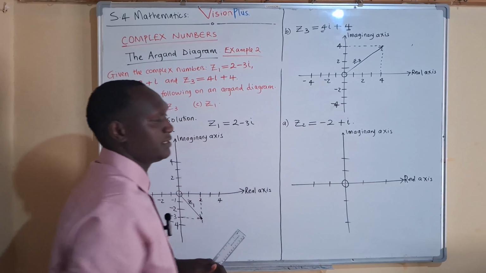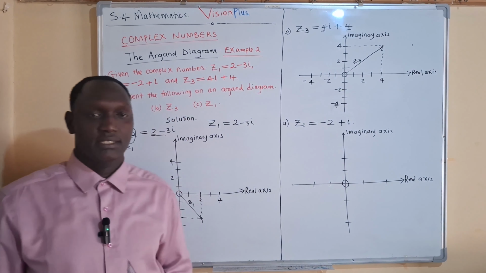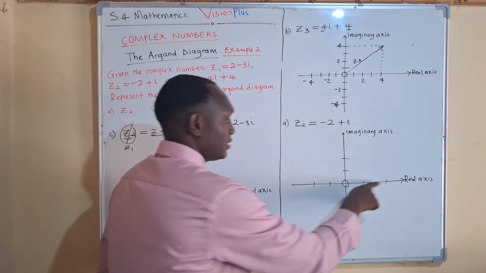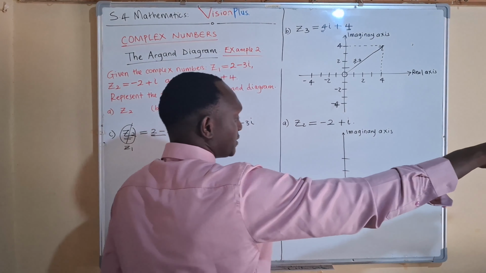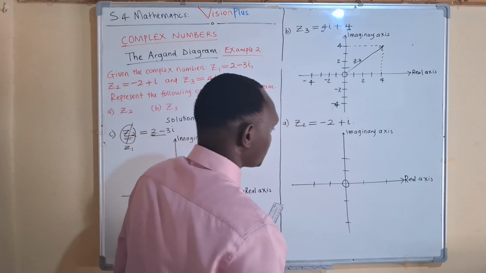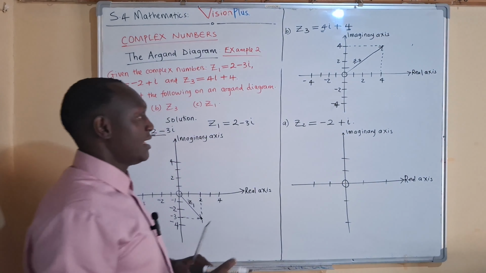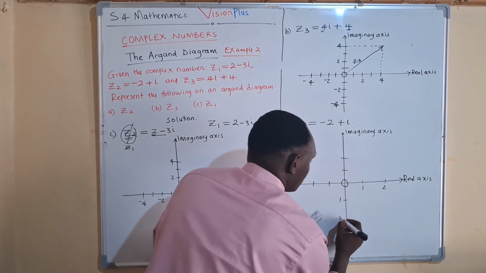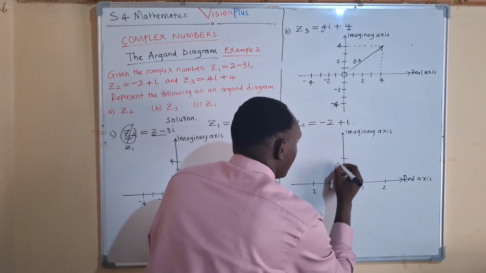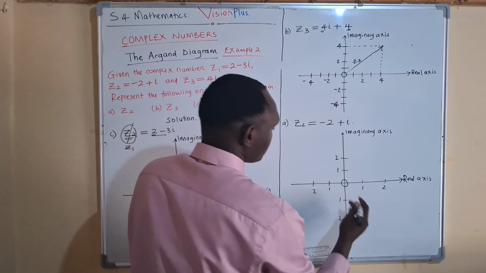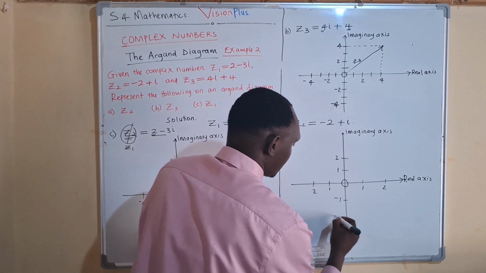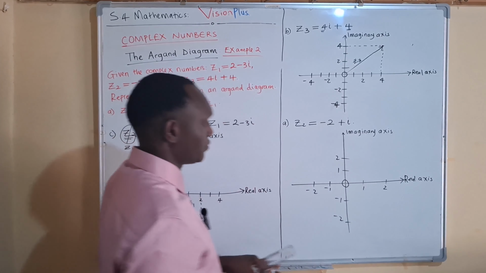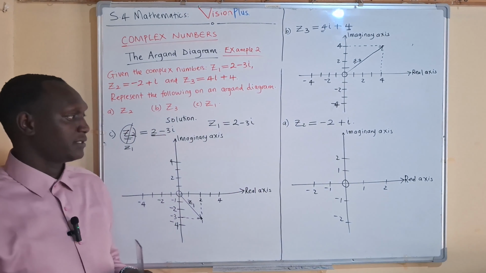After reaching the number you want, leave out the rest because this Cartesian plane or the Argand diagram is infinite. This one goes up to positive infinity. This also goes to positive infinity. So let us label: 1, 2, on each side. Do not forget that down here we have the negative imaginary axis values, and to the left here we have negative real axis values. So those are negative in that format.